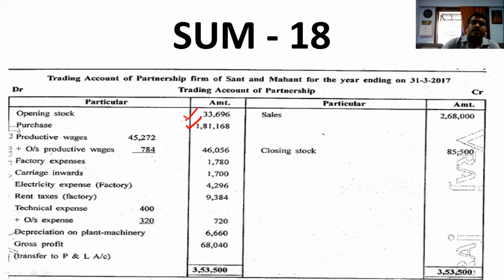Purchases we have seen. Productive wages inner column plus outstanding productive wages. Factory expense we have seen. Carriage inward we have seen. Factory expense related to factory we have seen. Rent and taxes we have seen. Technical expense 400 plus outstanding we get in the adjustment. Depreciation on plant and machine, that we have to calculate. Sales we have done. Closing stock we have got.